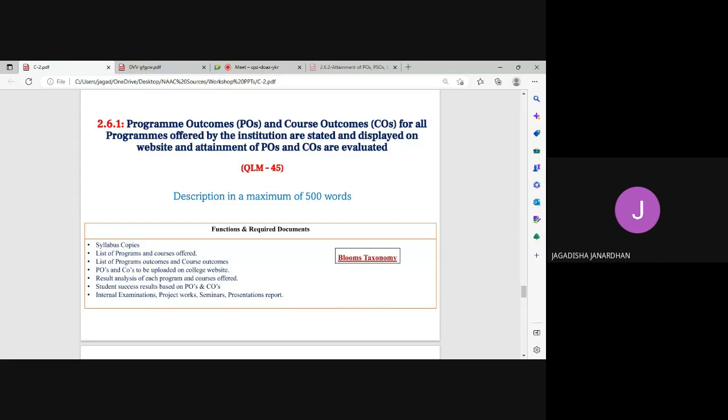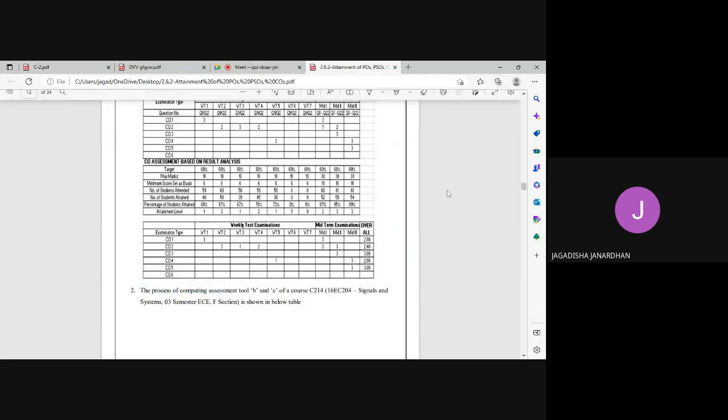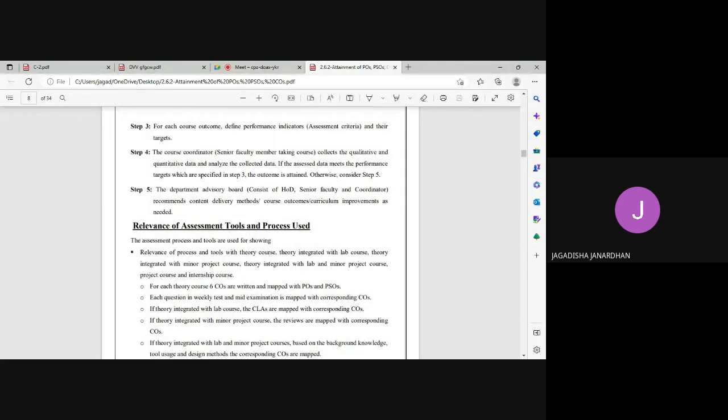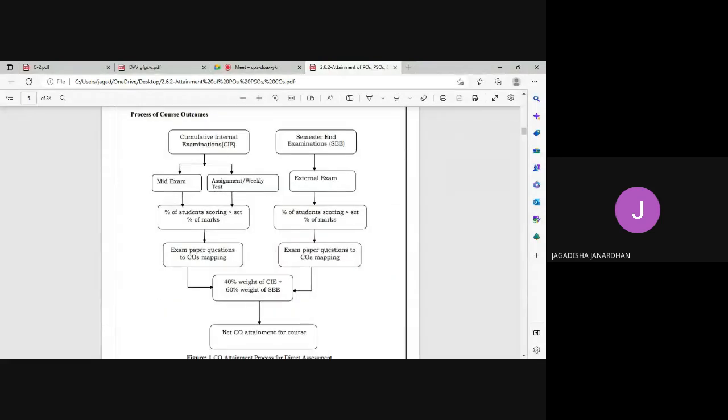For that purpose, I would like to mention a few points. It may take another few minutes to explain the details, which have been followed by some institution, and it will be helpful for us to understand in a better way.